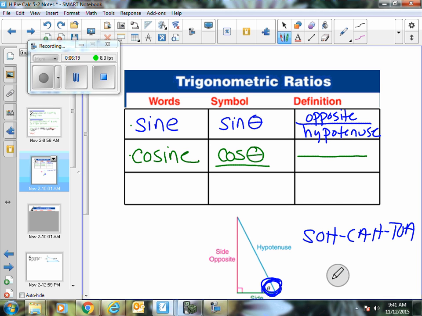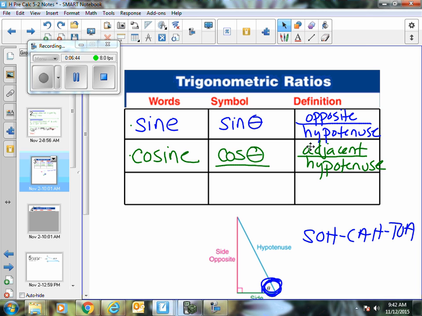Okay, so which ratio in the triangle is cosine? Well, in SOHCAHTOA, that is adjacent. So the ratio for cosine in SOHCAHTOA here is adjacent over hypotenuse. Again, it really depends on which angle you're using, so it's important that you know which is adjacent and which is hypotenuse for that angle that's theta.